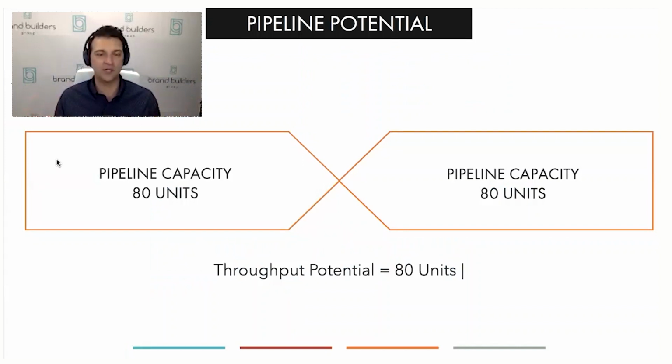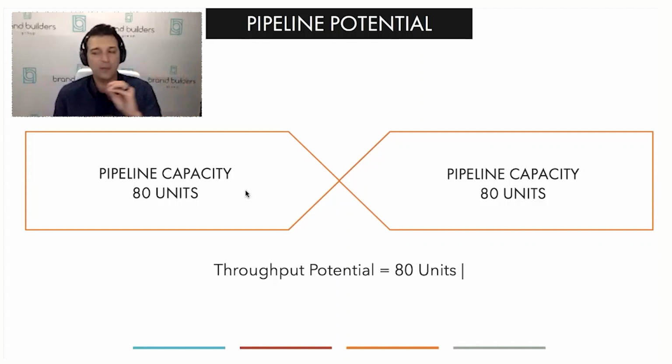This is just an obscure, vague diagram of how you might think of a pipeline of anything. In Rockefeller's case, it was moving oil, but you could have a sales pipeline, a marketing pipeline, a production pipeline. If the capacity of the pipeline when it's operating at its full efficiency is, let's say, 80 units, in lean manufacturing and Six Sigma they call this throughput potential.